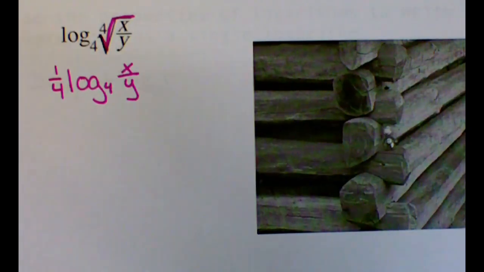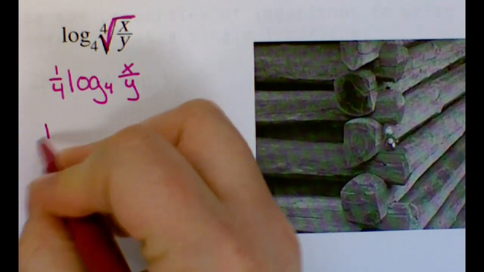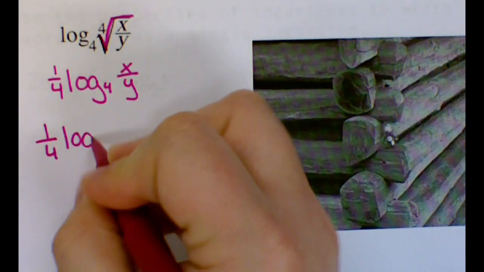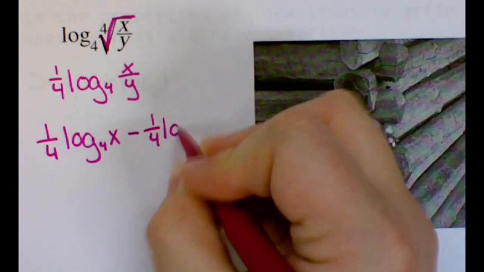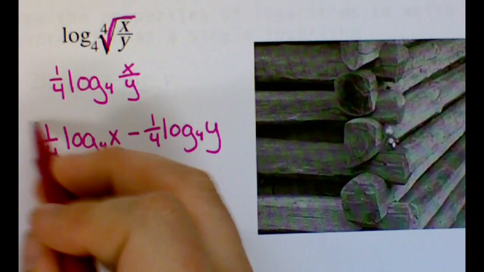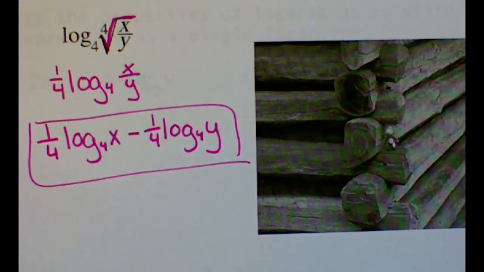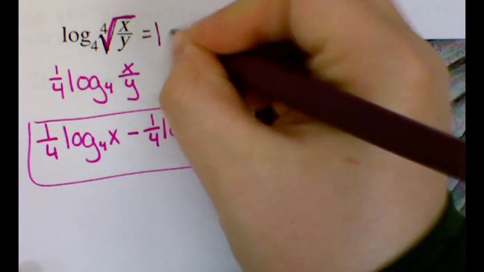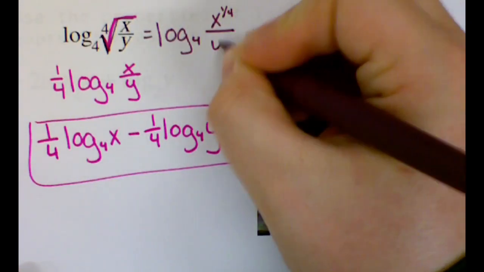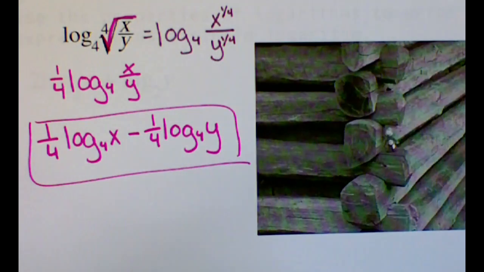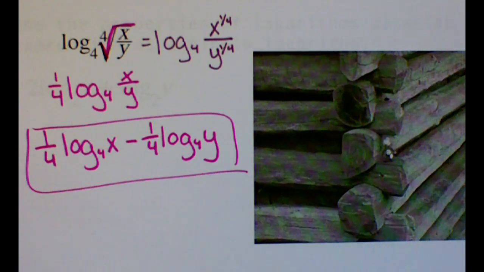But be careful, because the 1/4 needs to be on both parts. So it's 1/4 log base 4 of x minus 1/4 log base 4 of y. You could have also thought of this as, when you had the 4th root here at the beginning, you could have made it log base 4 of x to the 1/4 power over y to the 1/4 power, and then done the subtraction and then brought the 1/4 out front.